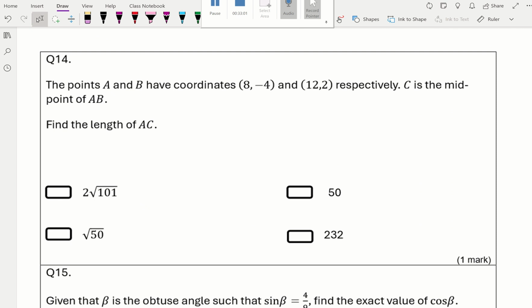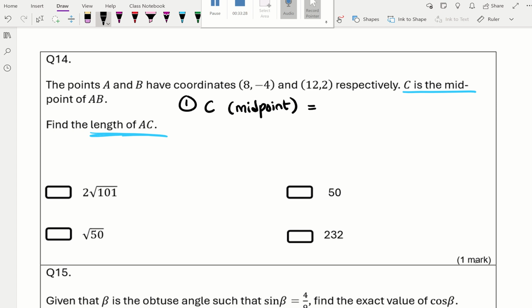Okay, question 14 says, the points A and B have coordinates 8, -4, and 12, 2, respectively. C is the midpoint of AB. Find the length of AC. Well, C is the midpoint, so your step 1 is to actually find the coordinates of C by using the midpoint formula, which will be given to you.